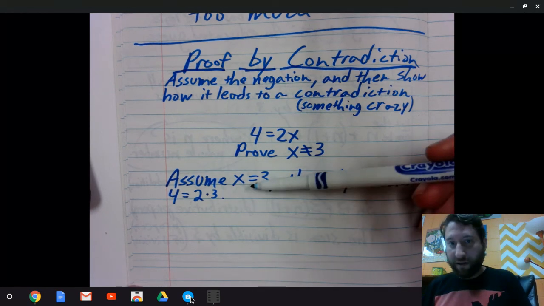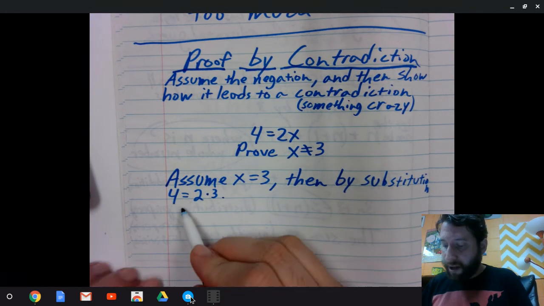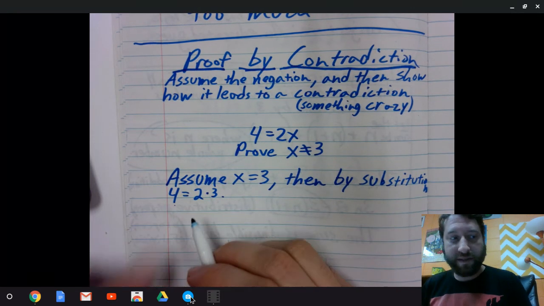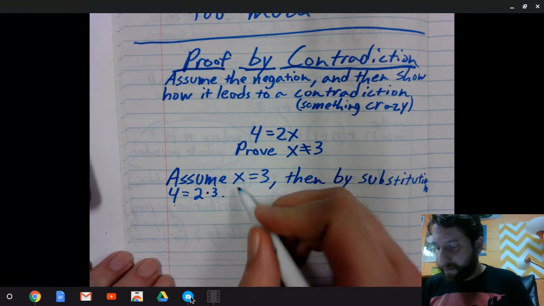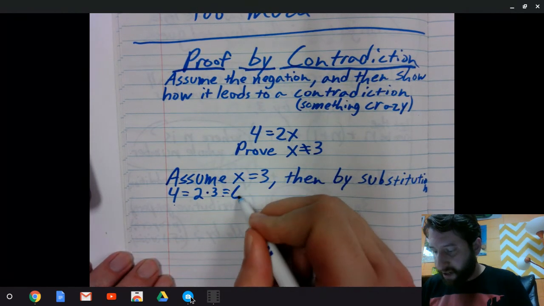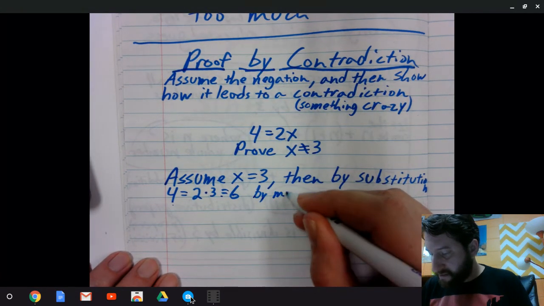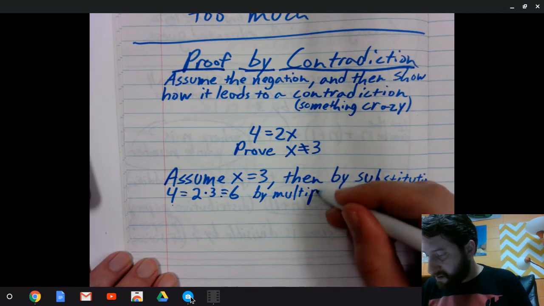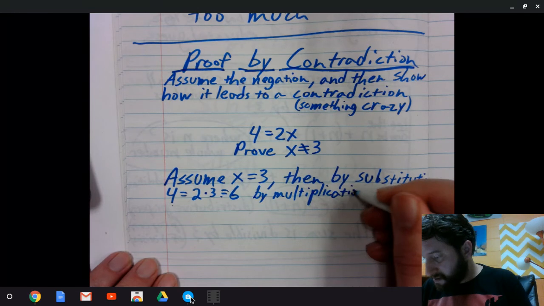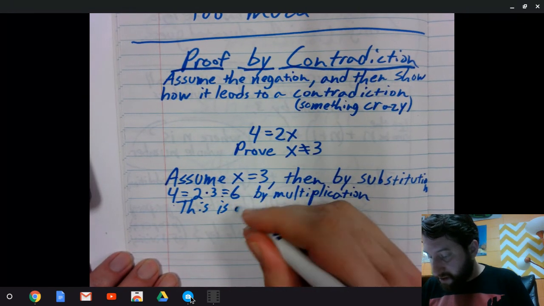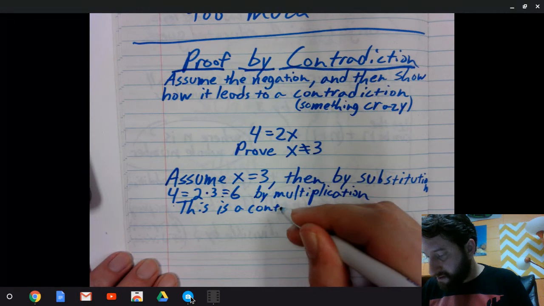So I'm going along with it here. Okay, x equals 3. But I end up over here, 4 equals 2 times 3. That's not right. That doesn't make any sense, because 2 times 3 equals 6 by multiplication. And so you'd say this is a contradiction.